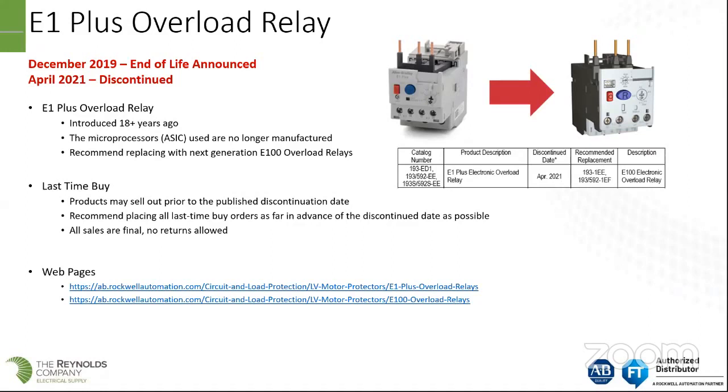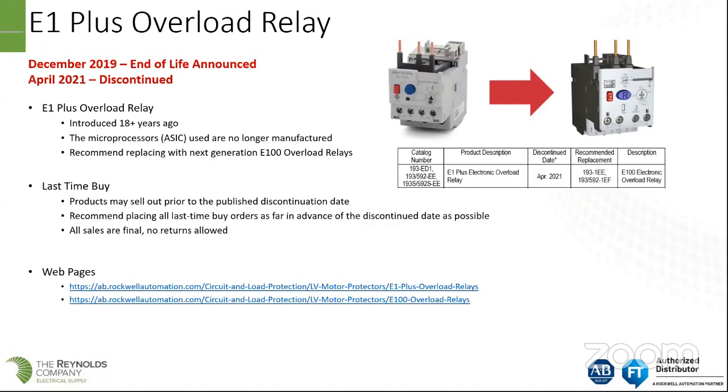Just a little history on the E1 Plus. This product was offered in two versions. The E1 version, which was a class 10 trip, manual overload, manual reset on the overload, as well as a 1 to 5 adjustment range in the overload current, the full load amps.